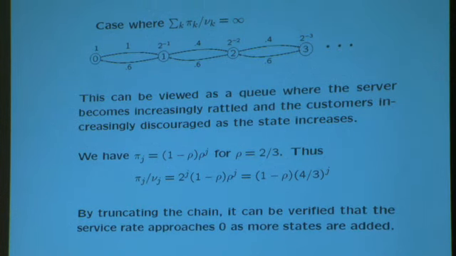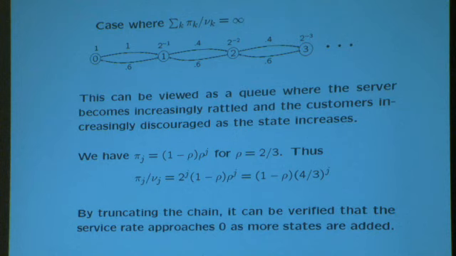Visualize something like an M/M/1 queue. We have arrivals and we have a server. But as soon as the queue starts building up, the server starts to get very rattled. And as the server gets more and more rattled, it starts to make more and more mistakes.